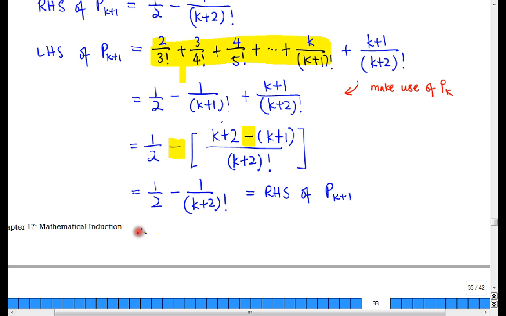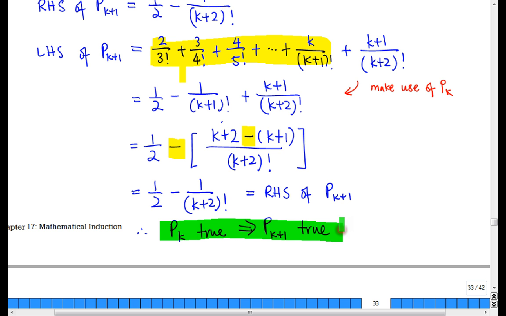Now therefore, what have we shown so far? We have shown that Pk true implies Pk plus 1 true. Okay. Can we please write this green highlighter part in full? I have not shown that Pk plus 1 is true.